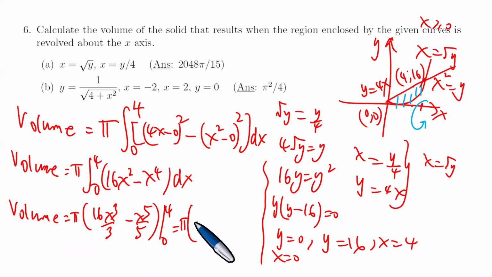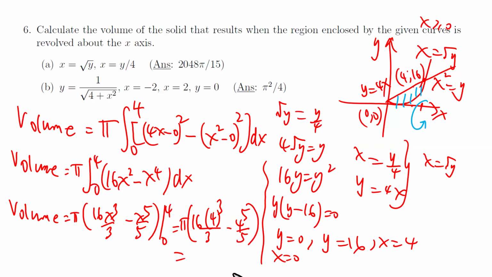You put the 4, which is 16 times 4 cubed divided by 3, and then you have 4 to the 5th power over 5.